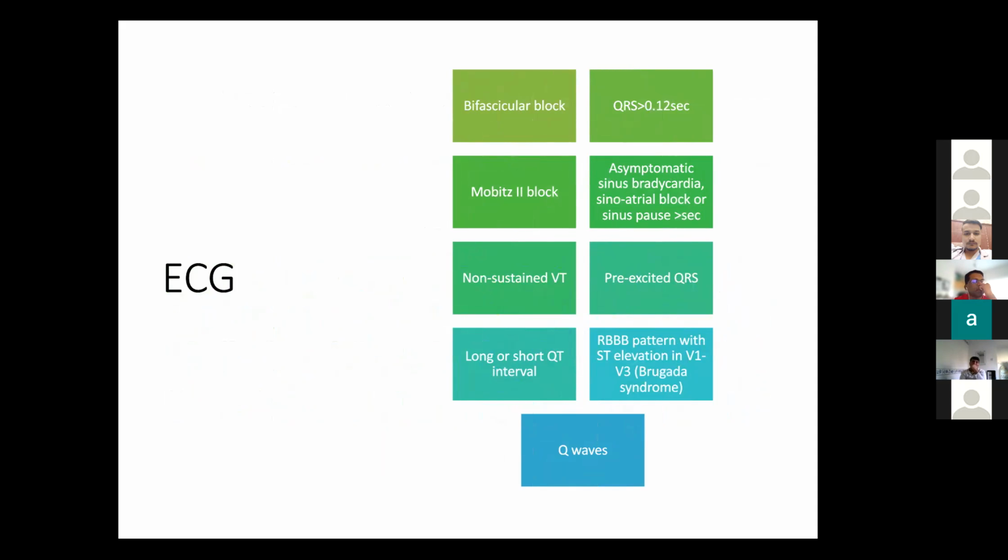And what are the ECG abnormalities which can contribute to pretty much everything, to be honest? Block, bifascicular block, QRS more than 0.12, asymptomatic sinus bradycardia, long or short QT, Brugada pattern, Q waves suggestive of cardiomyopathy.